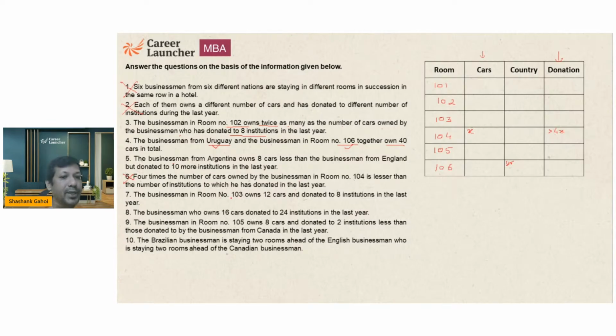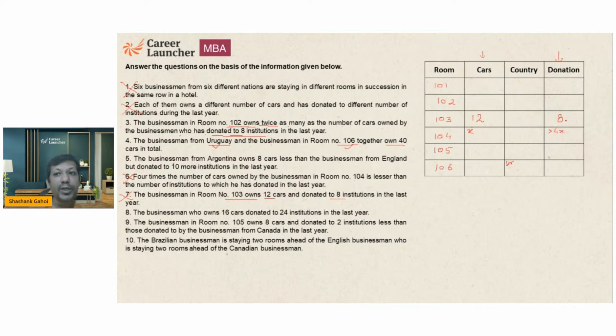The businessman in room 103 owns 12 cars and donated to 8 institutions. Now, this is something I like because it is giving me very clear information. 12 cars and 8 donations. Now, if I go back to statement number 3, it says the businessman in room 102 owns twice as many cars as the number of cars owned by the businessman who has donated to 8 institutions.